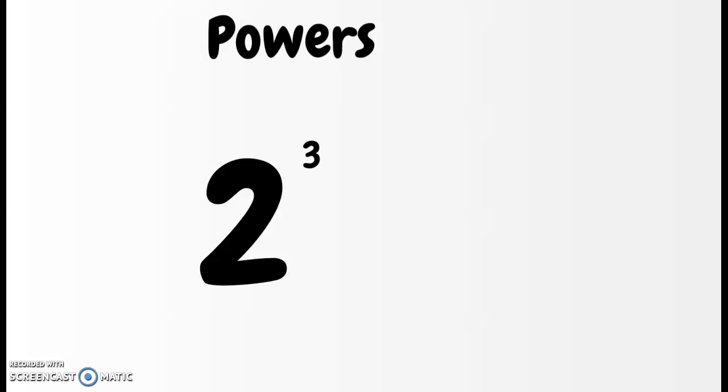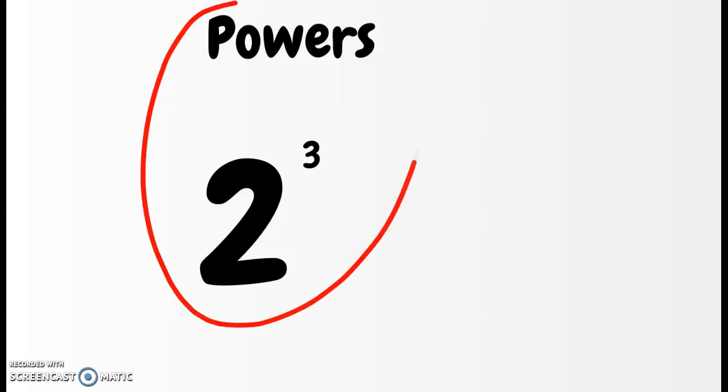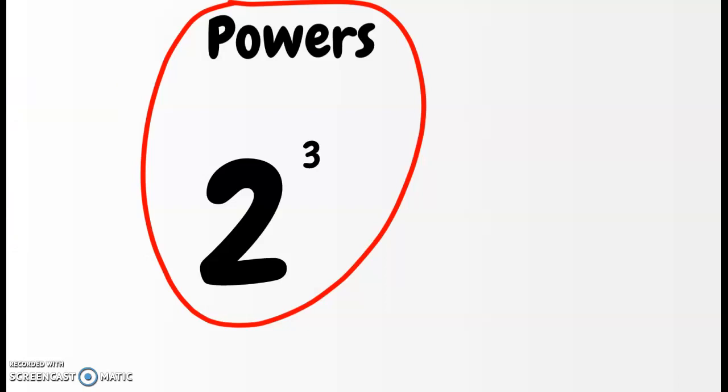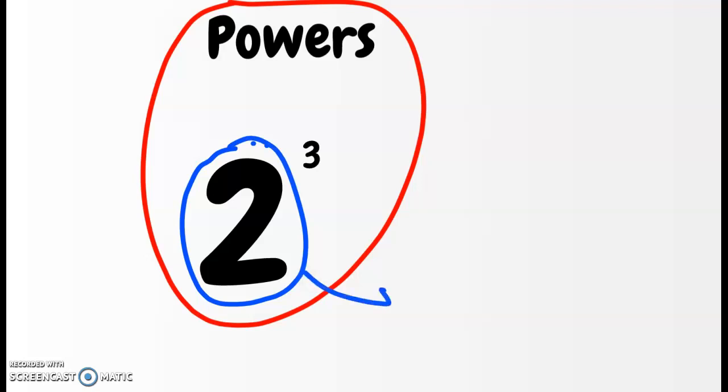So powers have basically two parts. First, I kind of want you to understand this whole thing here. When we see 2 to the third power, that's called a power. Okay? And the power has two big parts. There's this guy right here, the larger number, and that is our base.